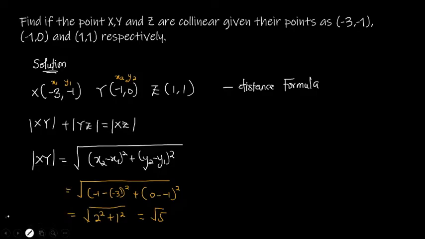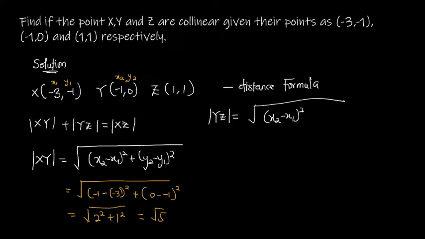Alright, so let's go ahead and calculate the distance yz. So the distance yz is equal to the root of x2 minus x1 squared plus y2 minus y1 squared. Alright, so in this case, because we are starting with the points y and z, this now becomes my x1, my y1, this becomes my x2, my y2.